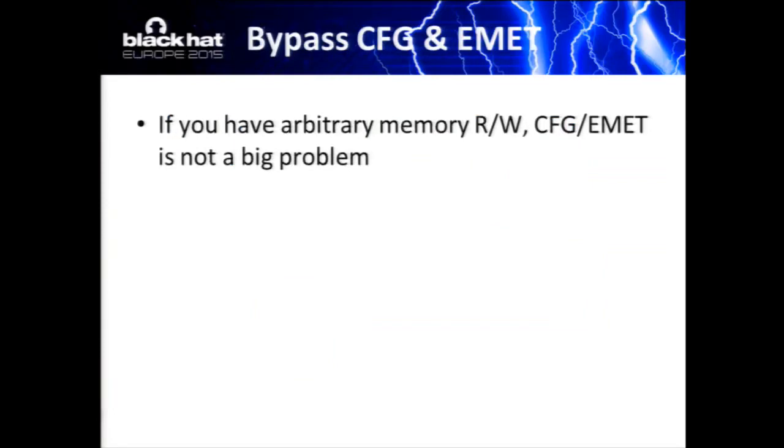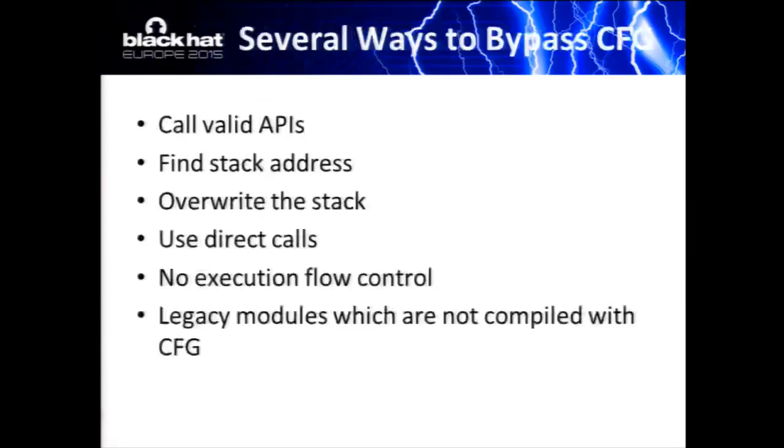Before executing our shellcode, we still need to bypass CFG and bypass EMET. Actually, this is not a big problem if you have the ability to read and write arbitrary memory. Here we list some possible ways to bypass CFG, and some of them are already fixed, but some of them are still not, even today.